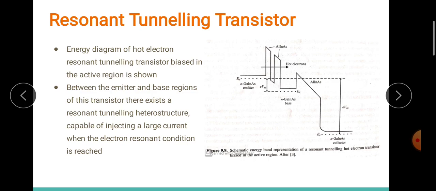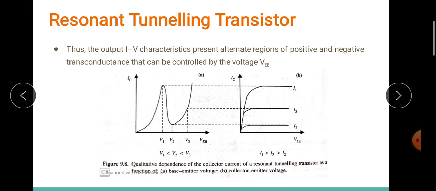And if VBE, our base emitter voltage, is further increased, the current starts to reduce. So what happens? See, the same explanation that I have given for NDR, just the voltage names are varying, that's it.